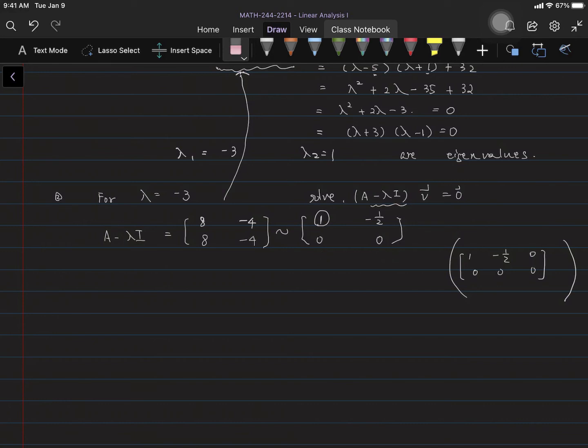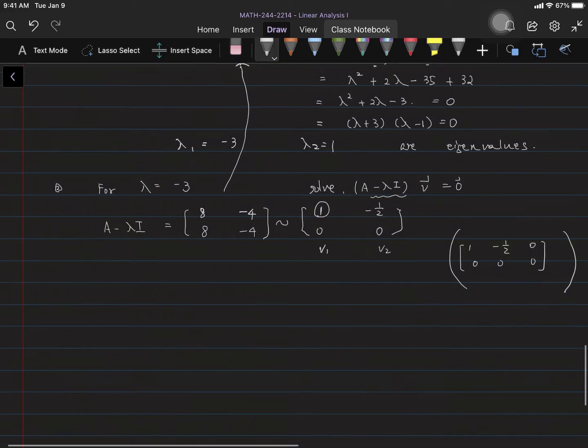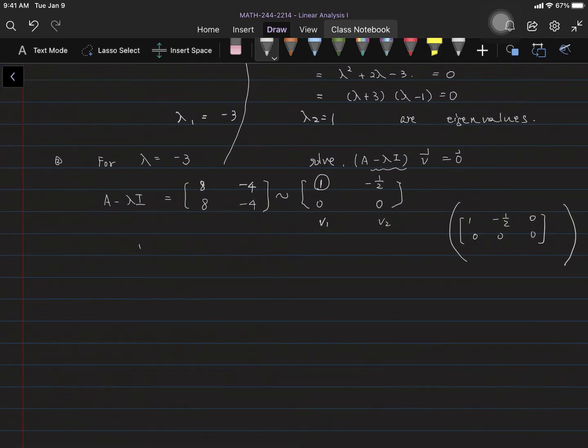Let's say this is v1, v2. Who is the free variable? Same as before, the free variable should be the vector value that has no leading one. So v2 equals t.